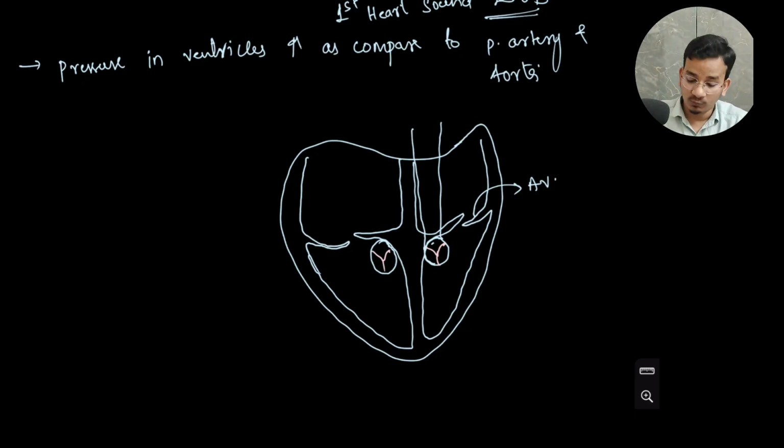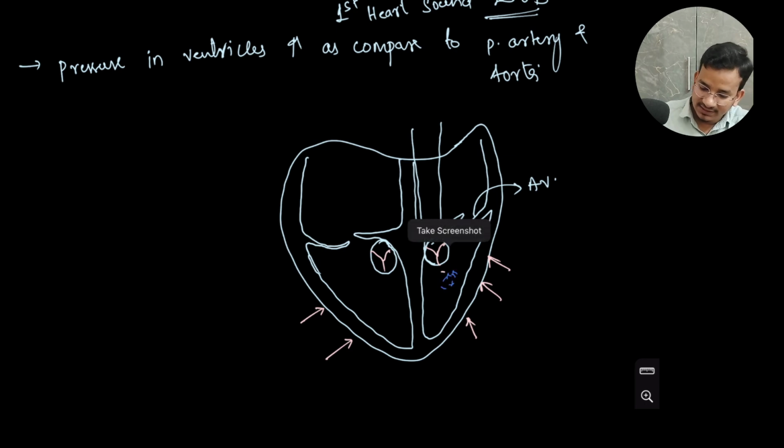Okay, semilunar valves. Now you can see, as soon as the ventricle begins to contract, the pressure inside the ventricles increases.